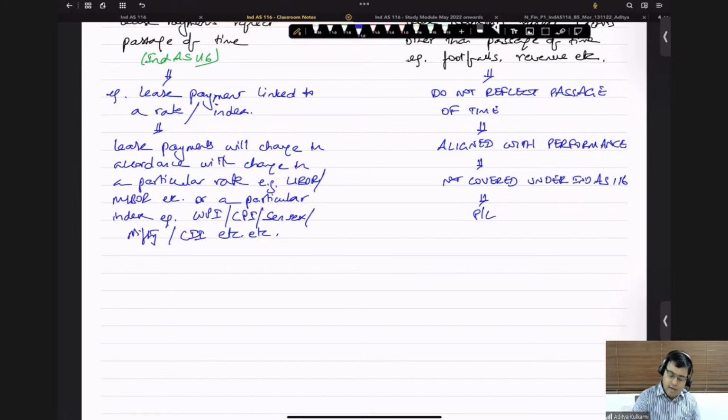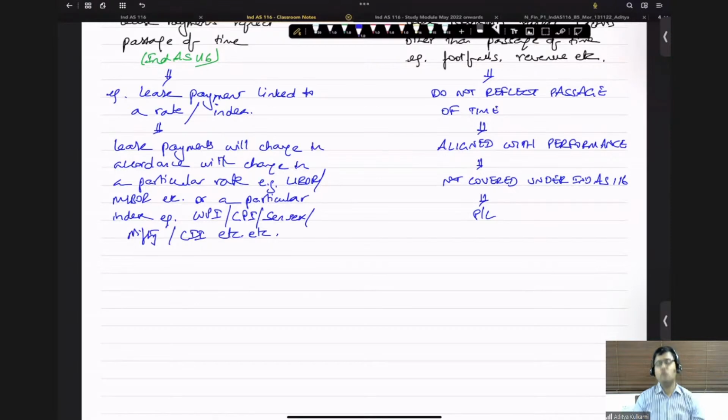Whatever the rate or index is, the change in the lease payments will happen in accordance with that rate. Then it becomes a perfectly variable lease payment which reflects the passage of time, and for that purpose it is going to be covered under Ind AS 116.